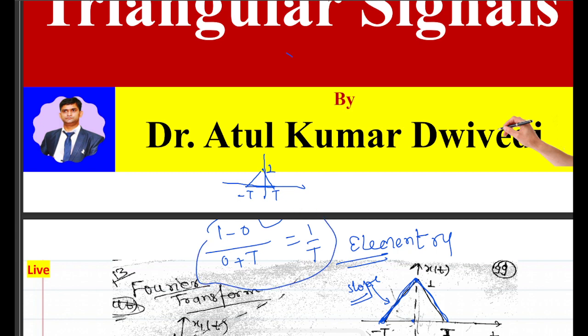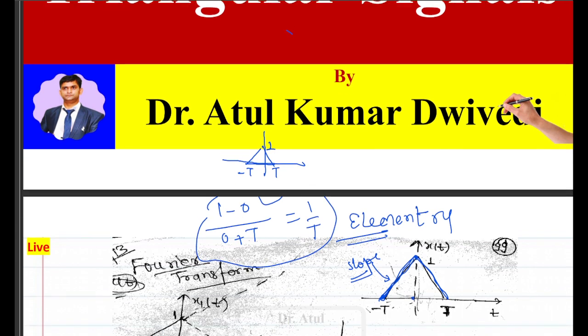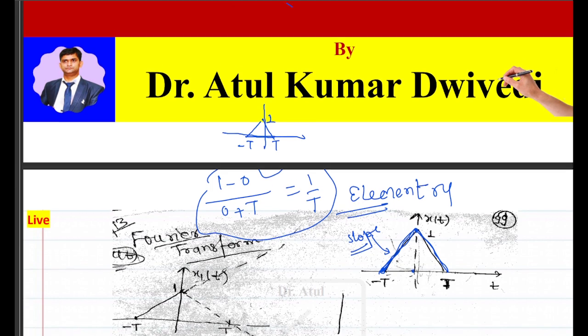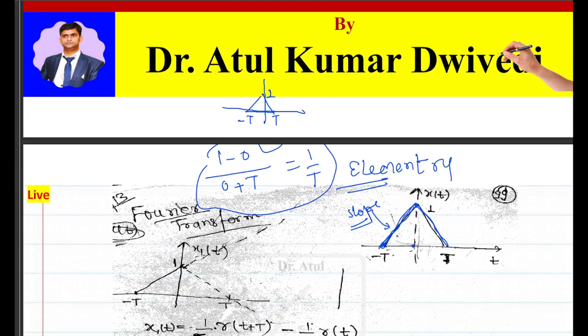Now in terms of the ramp function, this will be 1 upon T into r(t plus T), meaning the ramp starting from minus T. This signal will go towards infinity in time.